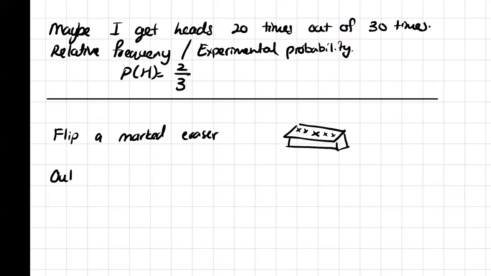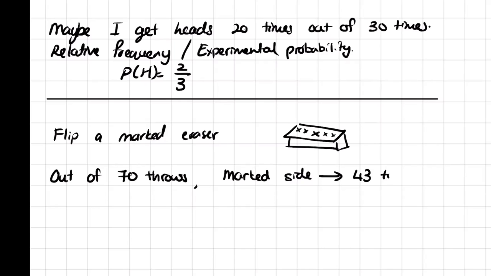I just keep throwing it for a few times. Out of 70 throws, maybe I do it 70 times. The marked side is seen maybe 43 times out of 70 times.